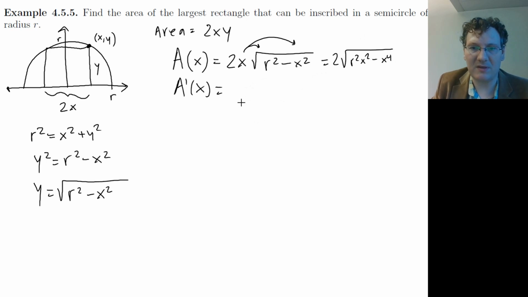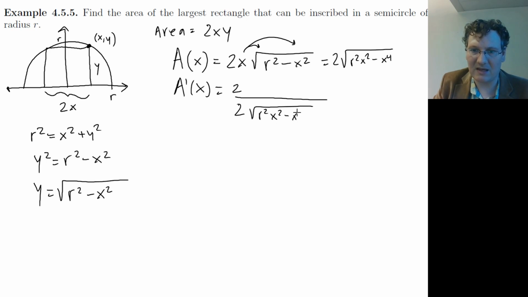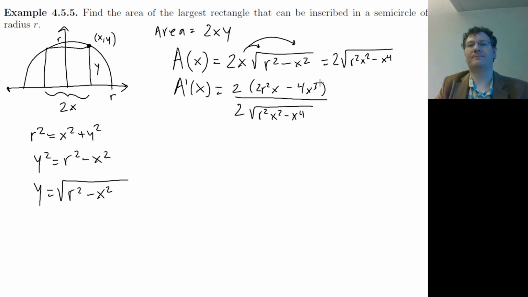If I take the derivative, I'm going to have 2 square root of r squared x squared minus x to the fourth down here, and up top the derivative of r squared x squared minus x to the fourth, so that's 2 r squared x minus 4x to the third.